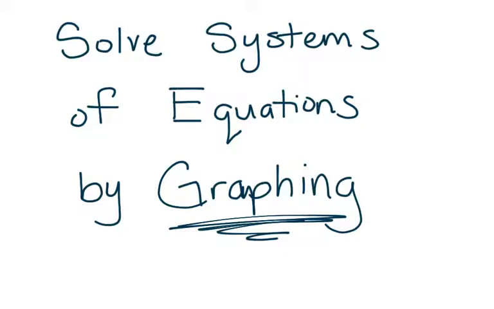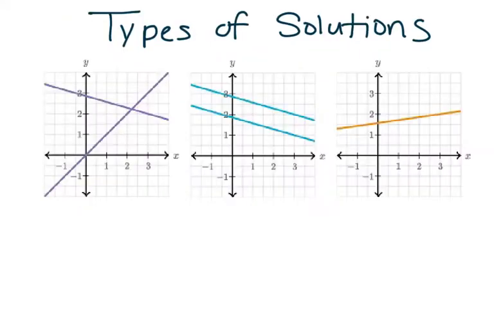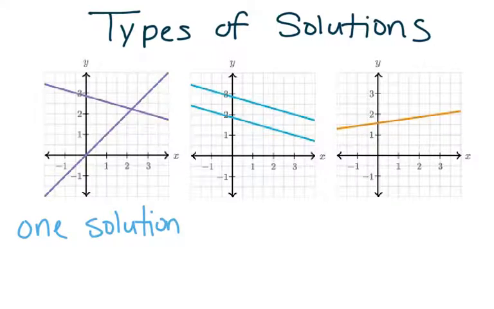All right, so when you are graphing, you have three possible types of solutions. The first one is one solution. That's when the two lines that we graph intersect at one spot. So this little red dot here, that is the intersection. That is the solution.